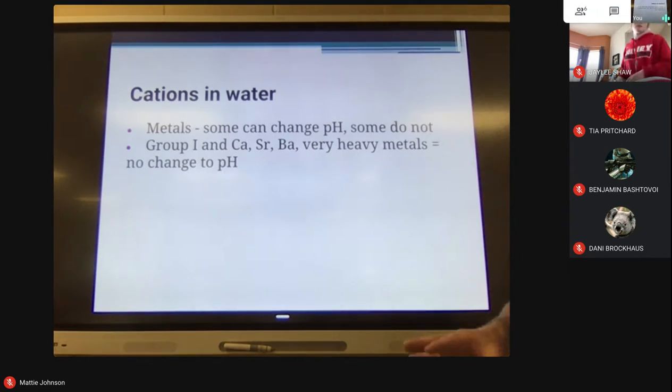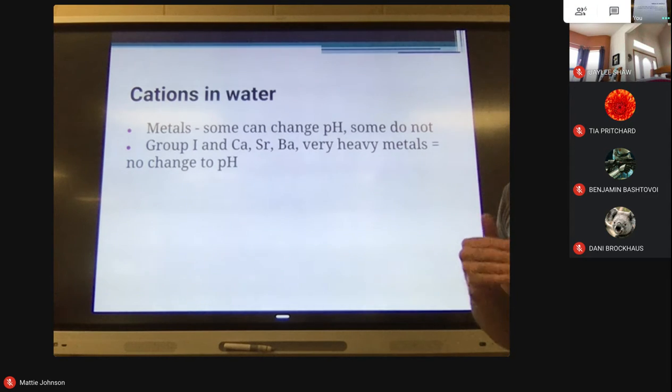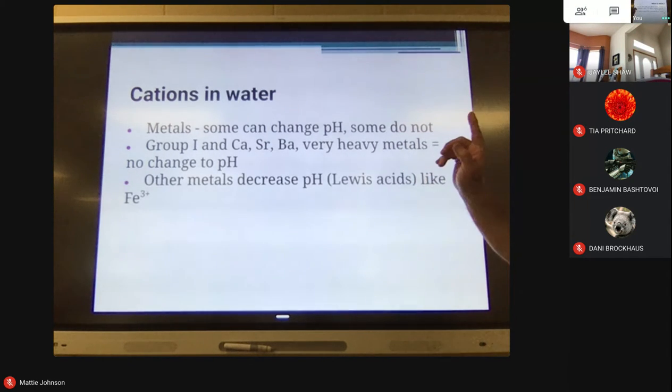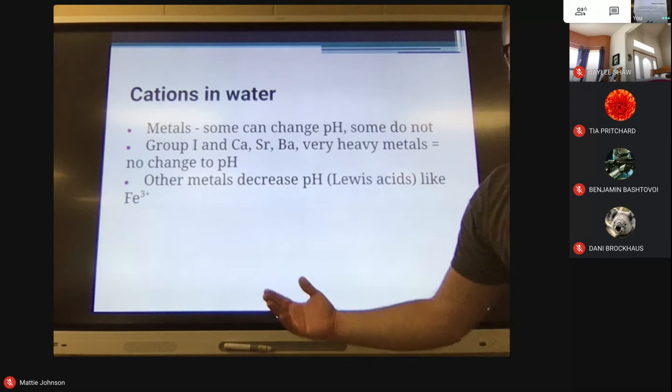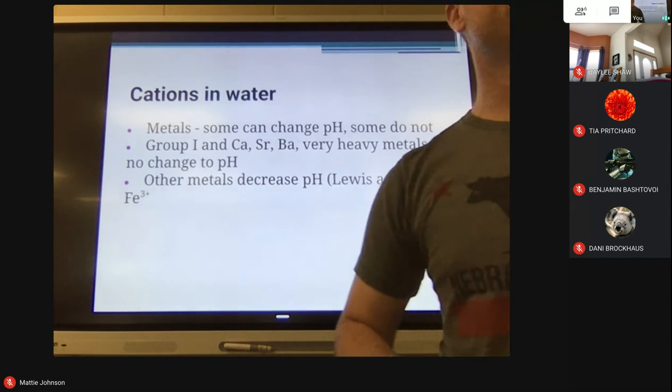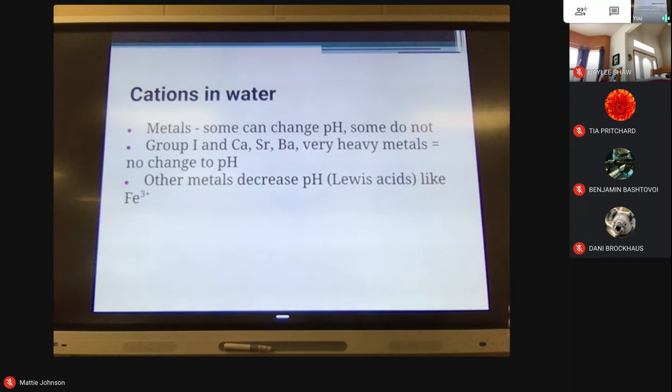The easiest thing to figure out, the things that do influence the pH, okay, I'm going to tell you, iron 3+, okay? That's going to be the one. This is a type of acid that we don't spend too much time on until you get into a lot of college chemistry. And even then, I bet you don't spend too much time on it. But if you see Fe3+, it's acidic, okay? Just log that. Put that in your brain.